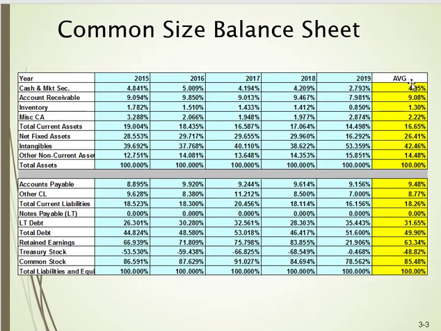I also have provided a column that does some averages for us. In this case, it turns out that on average, the company has roughly 4% of its total assets in cash. Net fixed assets are about 26%, and intangibles are about 42%.